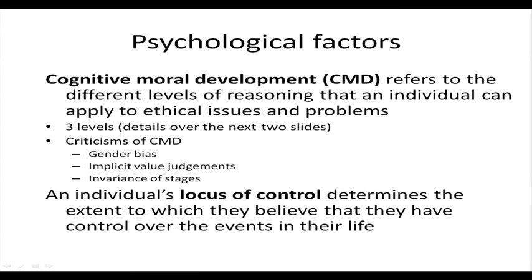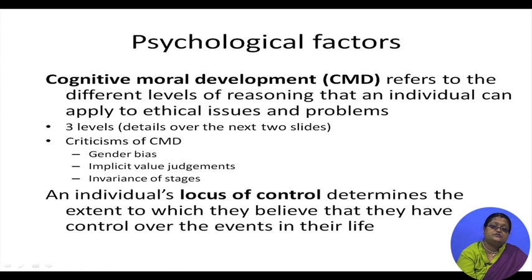Next, we come to discuss the psychological factors which influence your ethical decision making process. First, we will be discussing cognitive moral development, the theory based on Kohlberg's research, which talks of the different levels of reasoning that an individual has developed and which applies to issues.